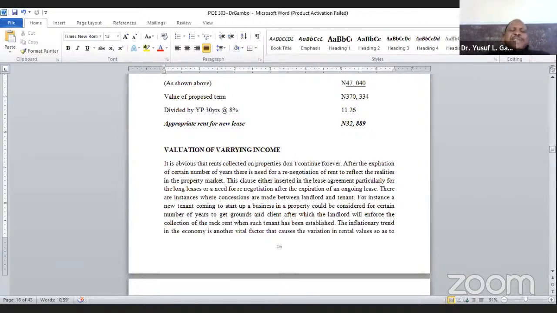So a varying income might subsist in the same property at the same time. That's why sometimes you see a lessee subleasing to someone. There's a way you do the valuation, and that is what we want to consider.